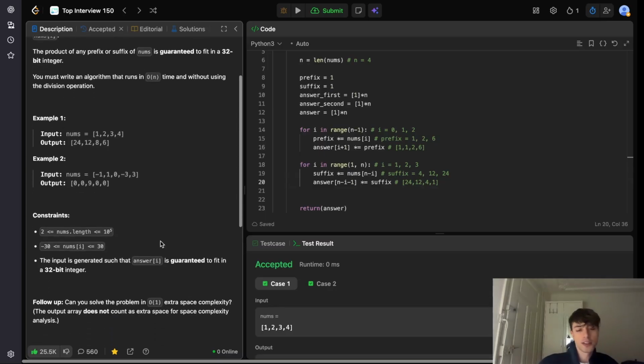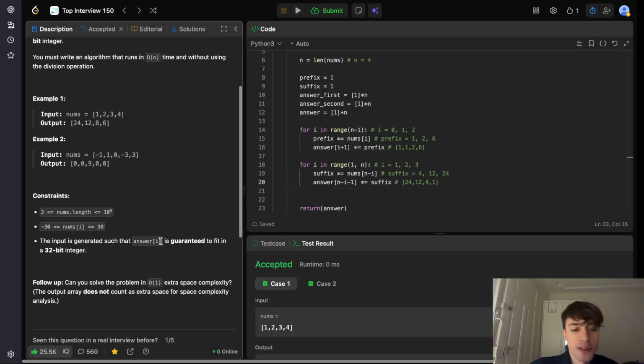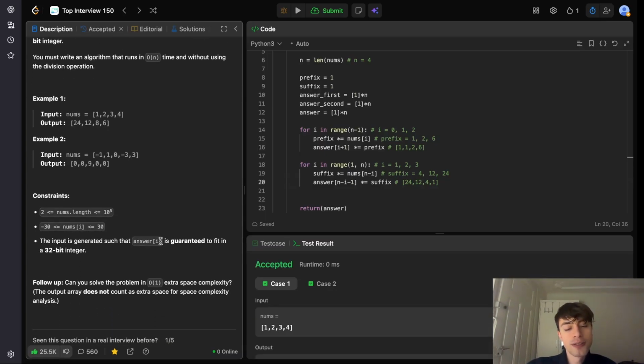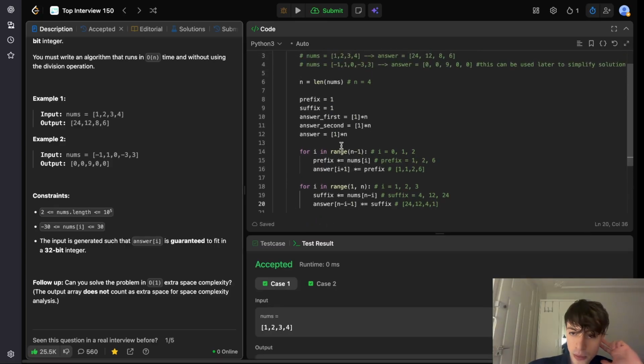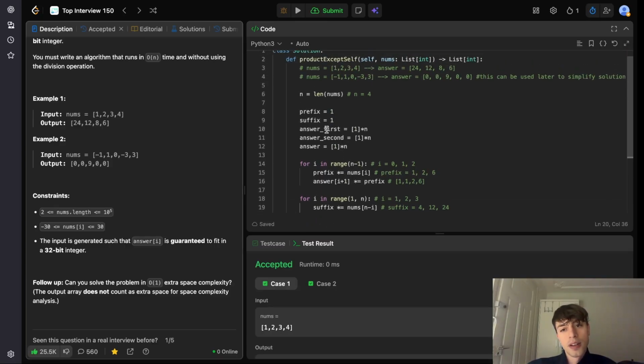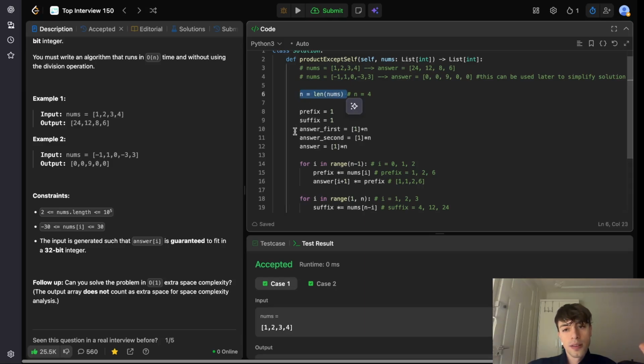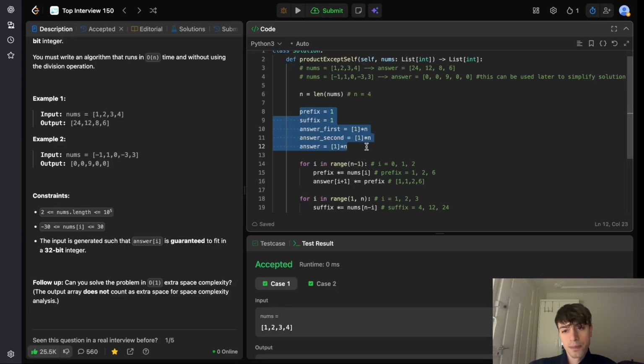Now, it's not done yet, because the follow-up question is, can you solve the problem in O(1) extra space complexity? The output array does not count as extra space for space complexity analysis. Now, what's the problem here? We have n, we have prefix, we have suffix, we have answer first, answer second, and answer.